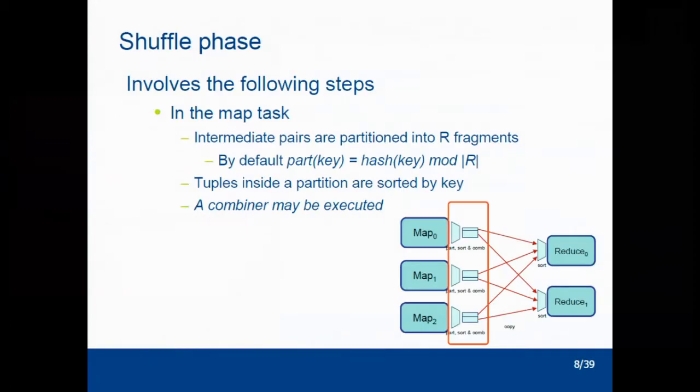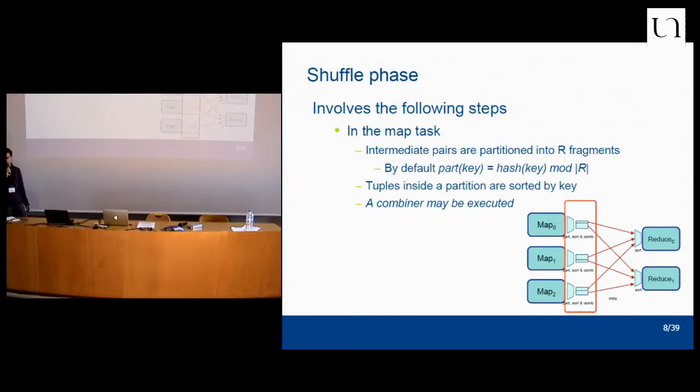So we focus on the shuffle phase. We have divided the processing of the shuffle phase in two parts. In the first part, which is carried out in the workers that run the map task, the output of the map task is partitioned into as many fragments as reduce tasks. By default, the partitioning function is just a hash on the key modulo the number of reduce tasks.